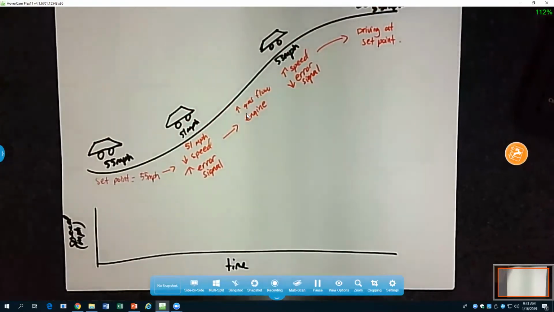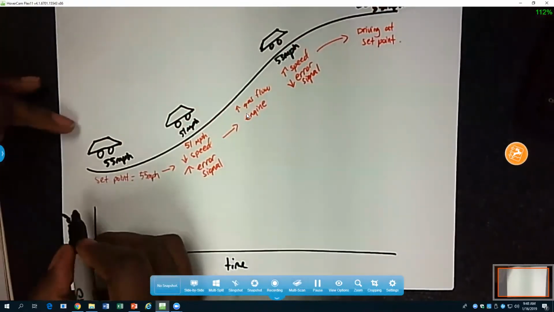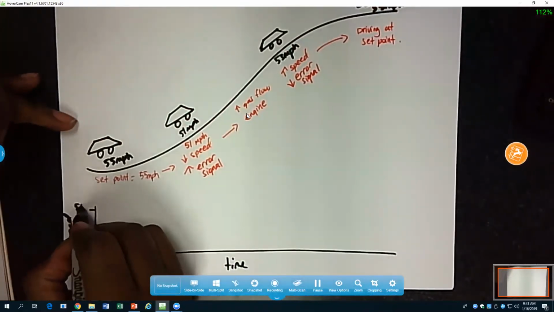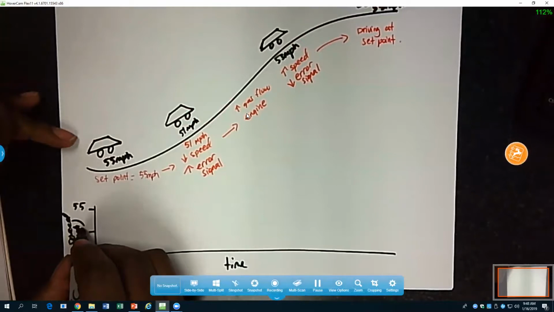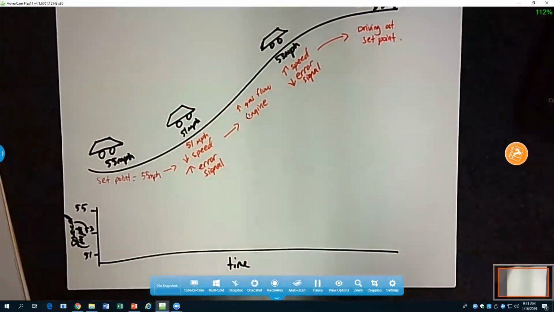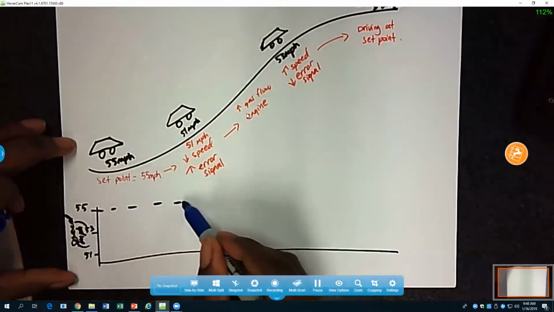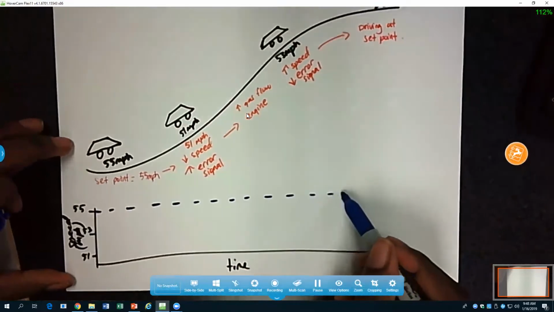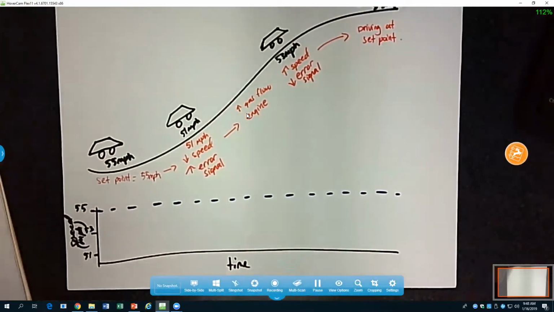Now let's put in our set point speed, which was how much? 55, right? 55 miles per hour. Let's also put 53 and then 51 here. So set point is where we start out, and that's where we want to maintain. That's where we want to keep the speed.